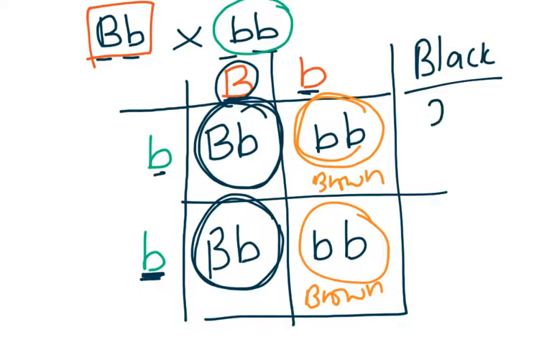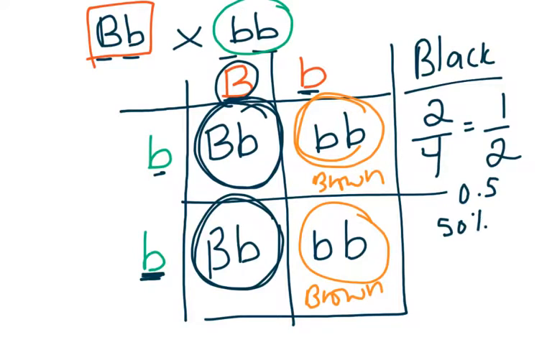So when I look at the probability of the black mouse, I can say 2 out of 4, okay, which we always reduce a fraction to its lowest terms. So we would say 1 out of 2. We can say 0.5, or we could say 50%. All three of these are okay and fantastic answers to give the question.